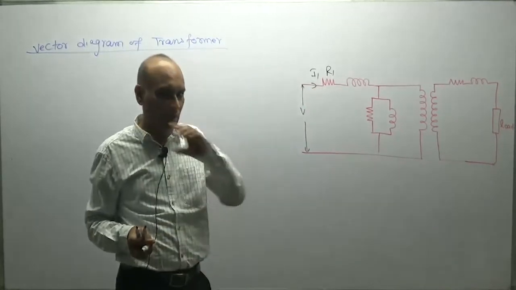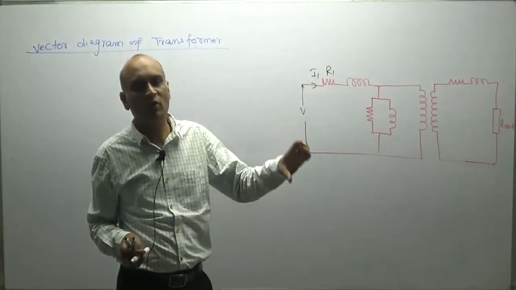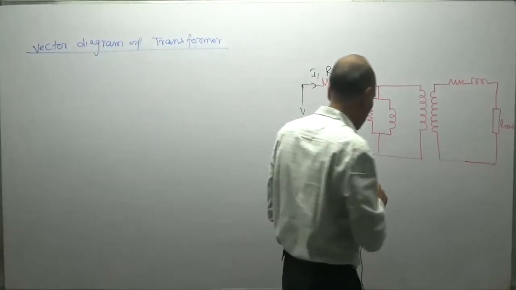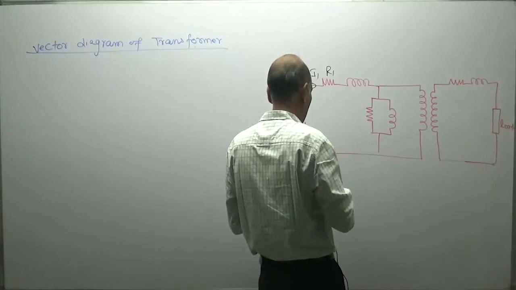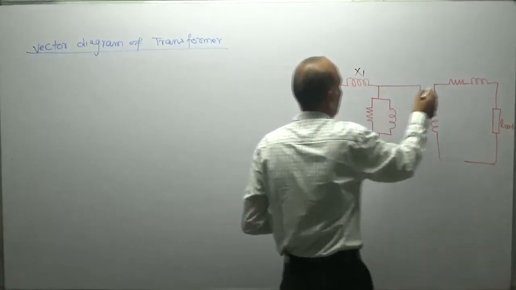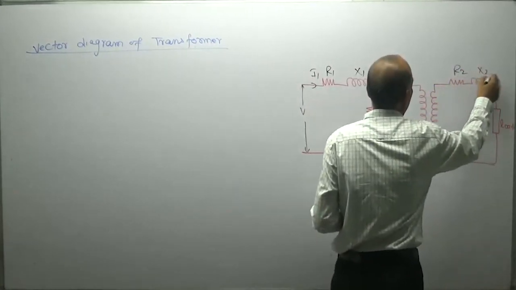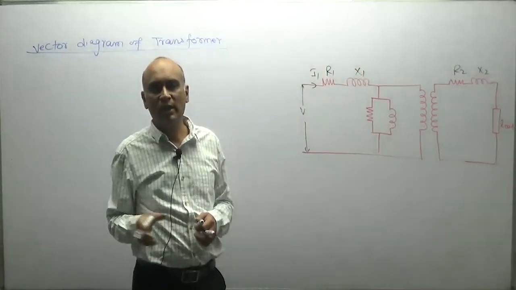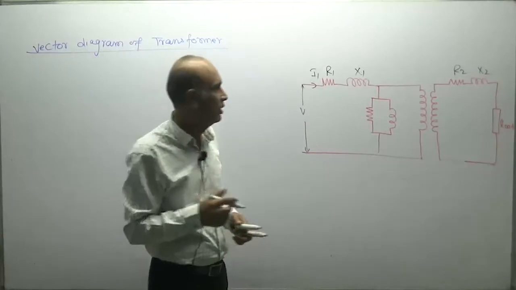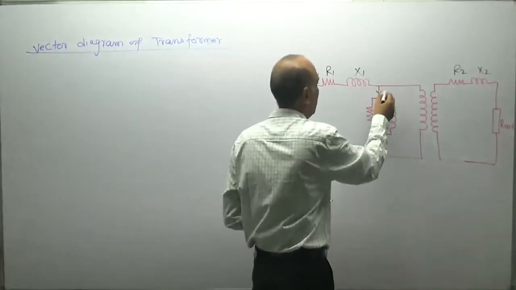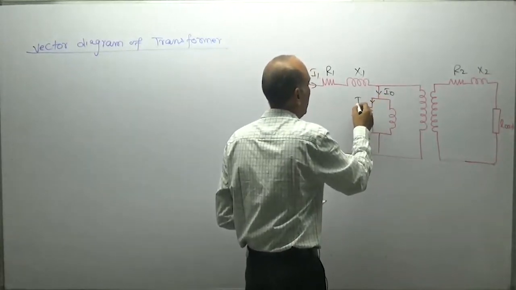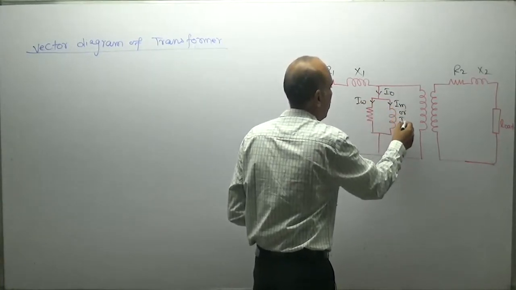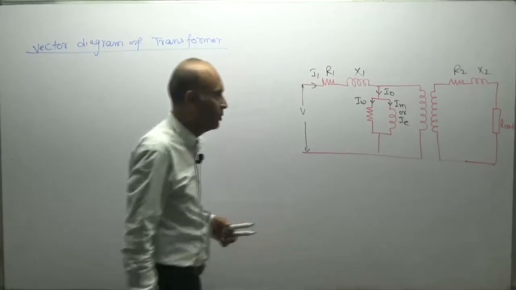Got the point? Similarly, it is X1, R2, X2. X1 and X2 are leakage reactance of transformer. It is the no load current. It is the watt component. It is the magnetizing component, also called exciting component.